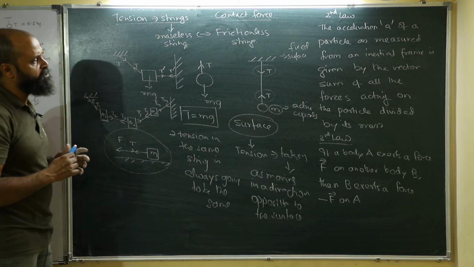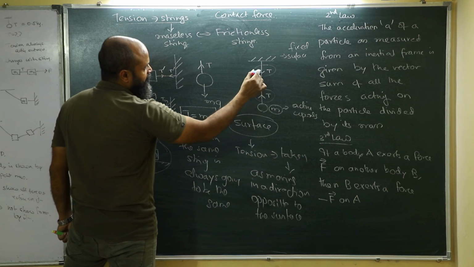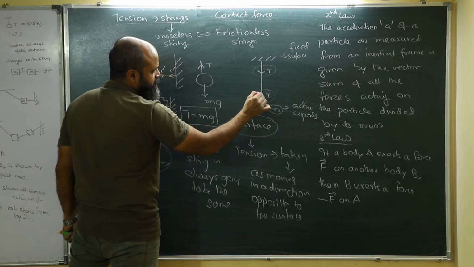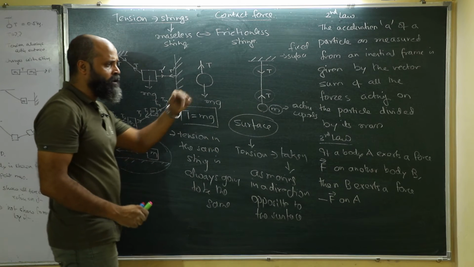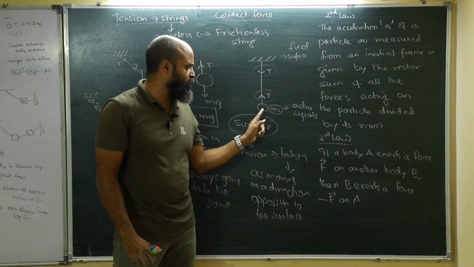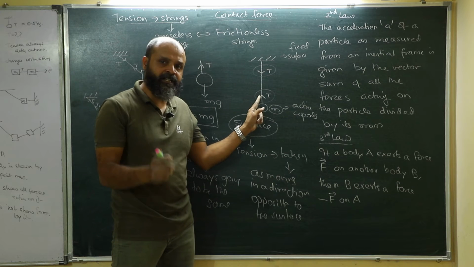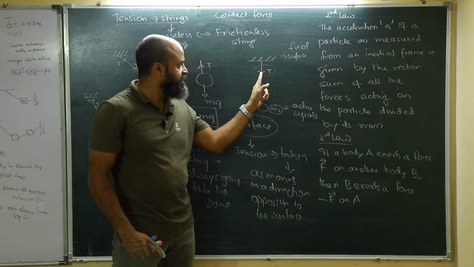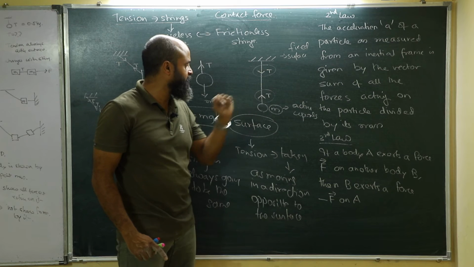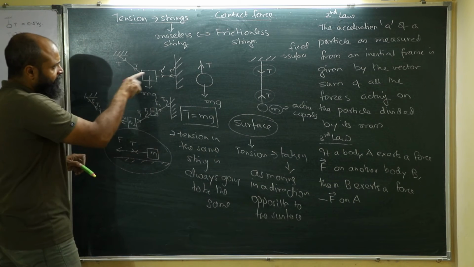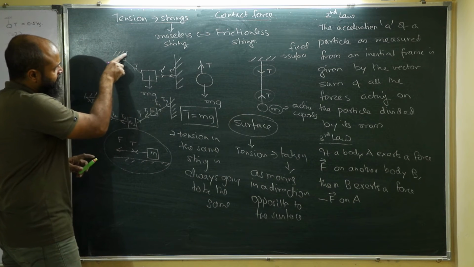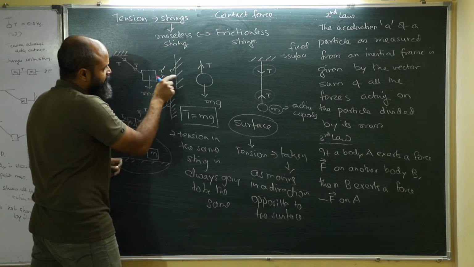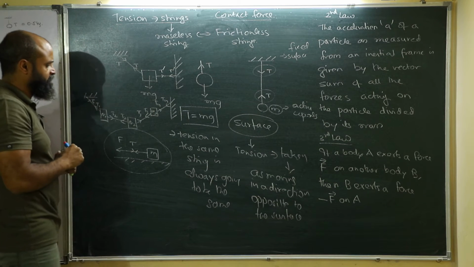For solving problems with regards to tension, the direction of tension will always be away from the body to which we are correlating. If we are correlating it to mass m, the tension T will act away. If we are correlating it to the fixed surface, the tension T will act away from the surface.